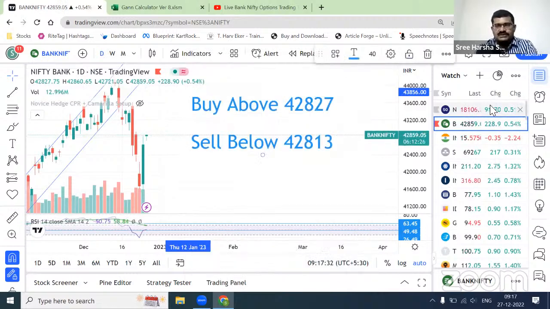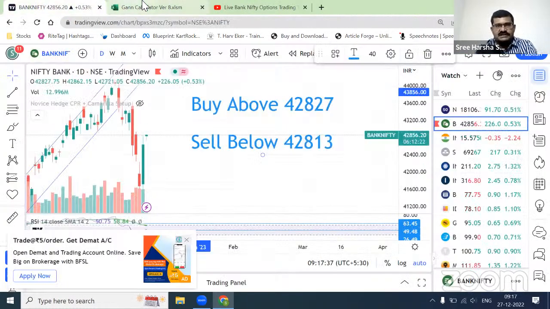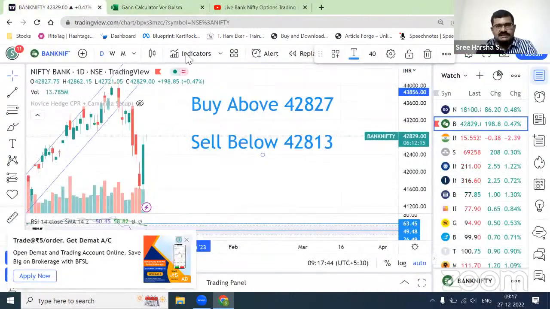You can see 856 is already done, which is the first target. Now the next level can be 42,916.